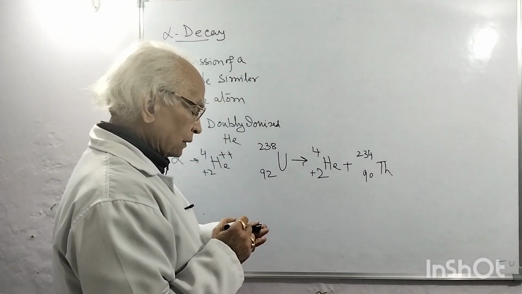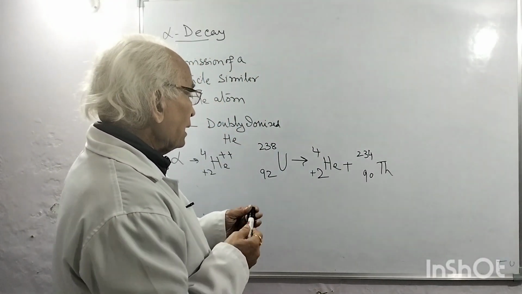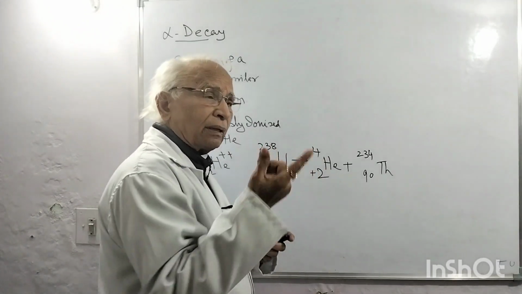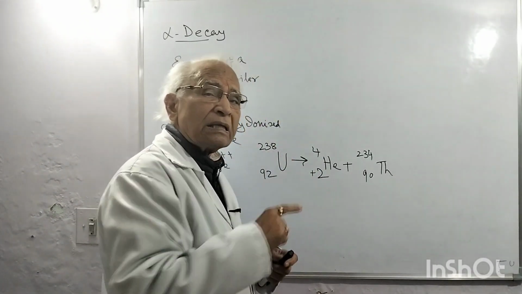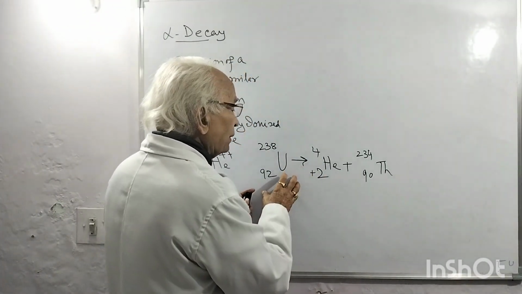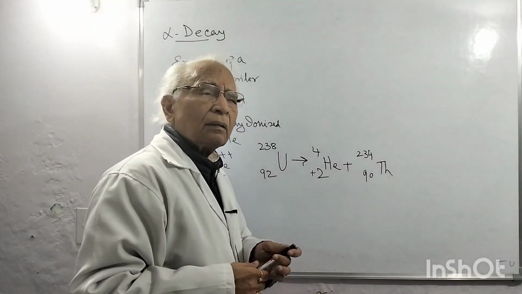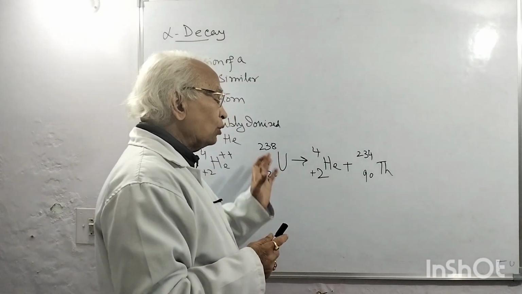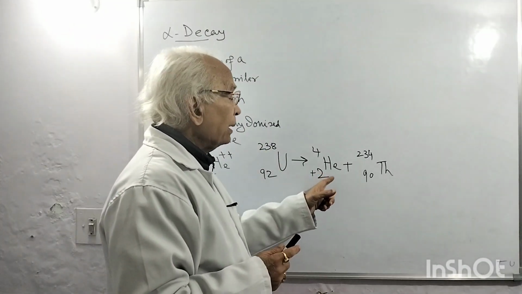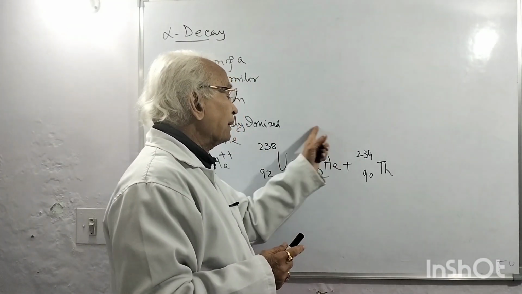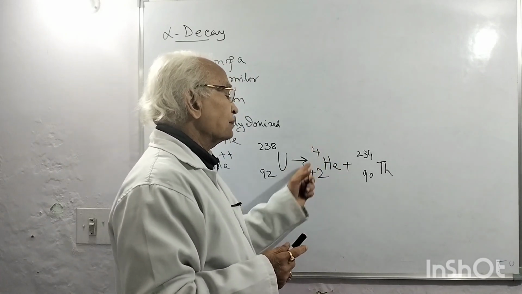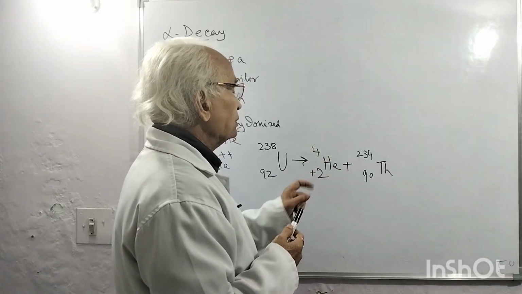Thorium, 90 charge, 234 mass. So uranium is transforming. This is a natural transformation. Uranium is transforming to thorium in nature, with a very, very long lifetime, about 10 to the power 6 years, by emission of a helium-like system, doubly charged, so 2 units of positive charge.